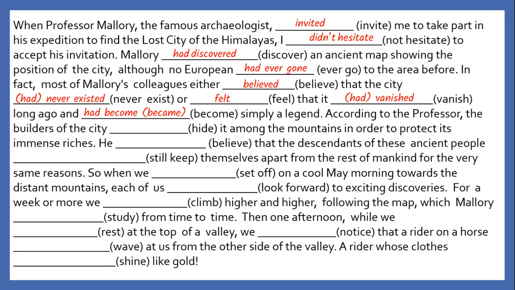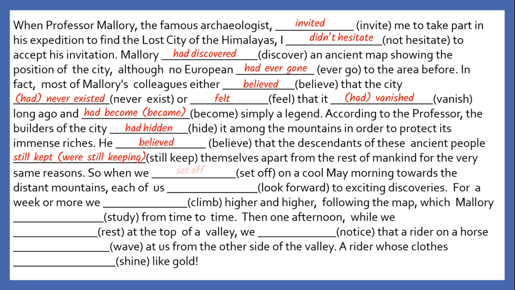According to the professor, the builders of the city had hidden it, happening before your main event, among the mountains in order to protect its immense riches. He believed, a fact in the past, that the descendants of these ancient people still kept, it's either describing a fact, or were still keeping, something which was going on at a specific time in the past, themselves apart from the rest of mankind for the very same reasons.